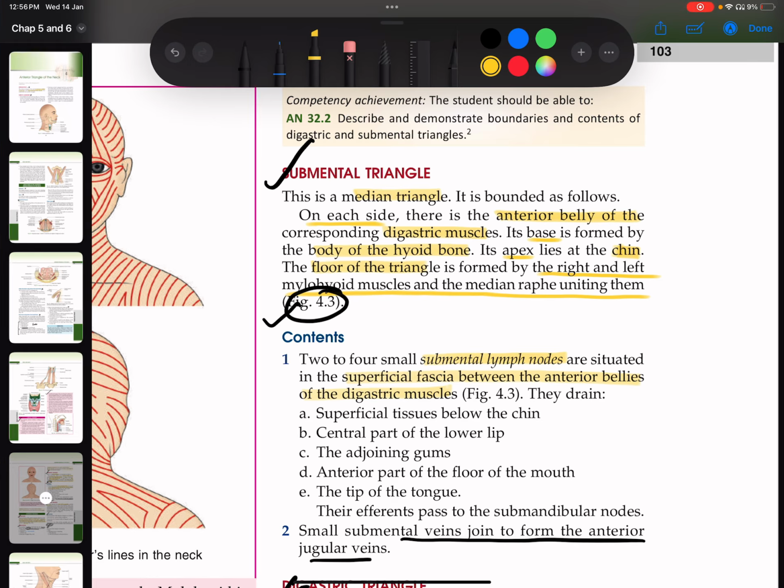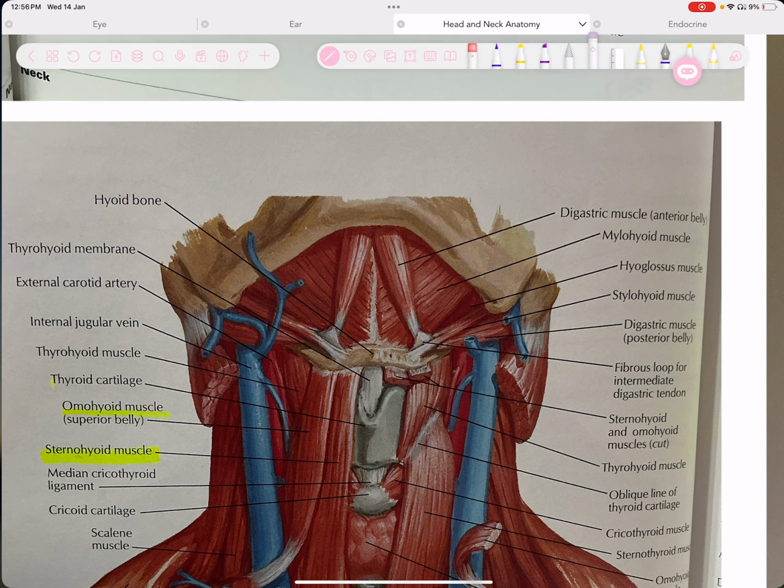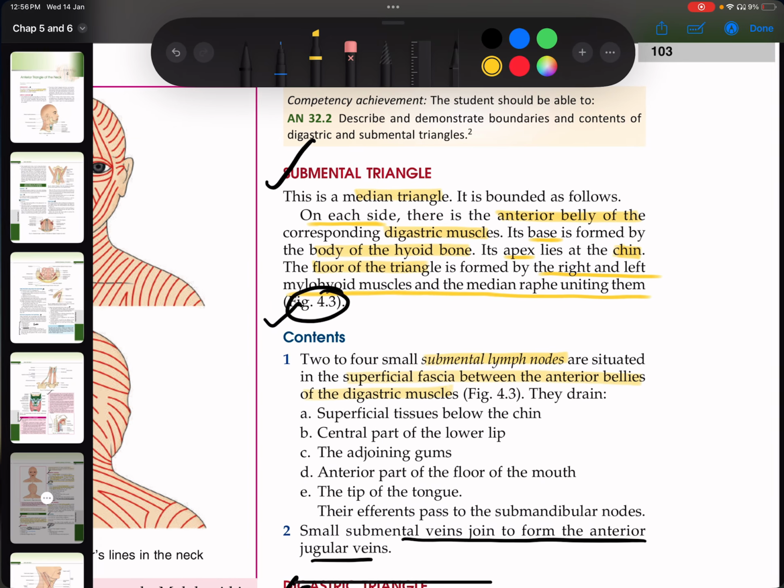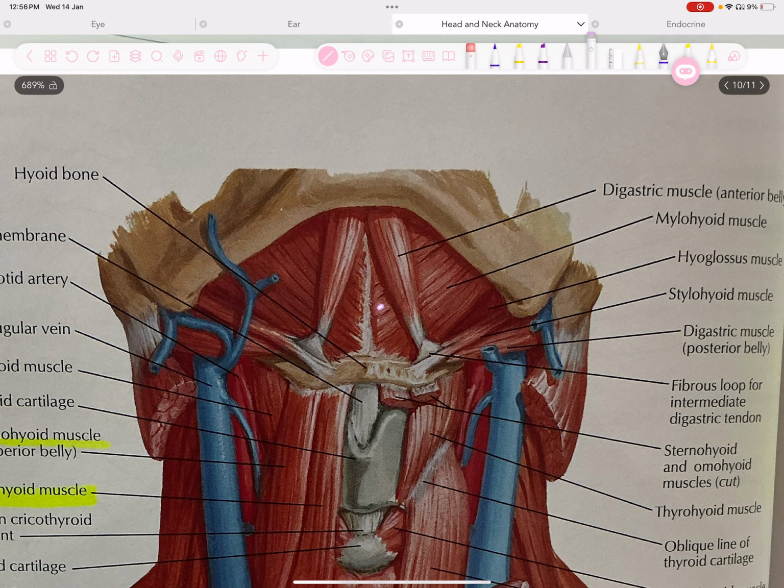The floor of the triangle is formed by the right and left mylohyoid muscles and the median raphe uniting them. So this is the median raphe that is uniting them, and this is the mylohyoid muscle. Right and left mylohyoid muscle, because this is basically a median triangle, structured in the median plane, right? So you'll have this raphe, the median raphe, which is joining them, and then the mylohyoid muscle on the right and left.